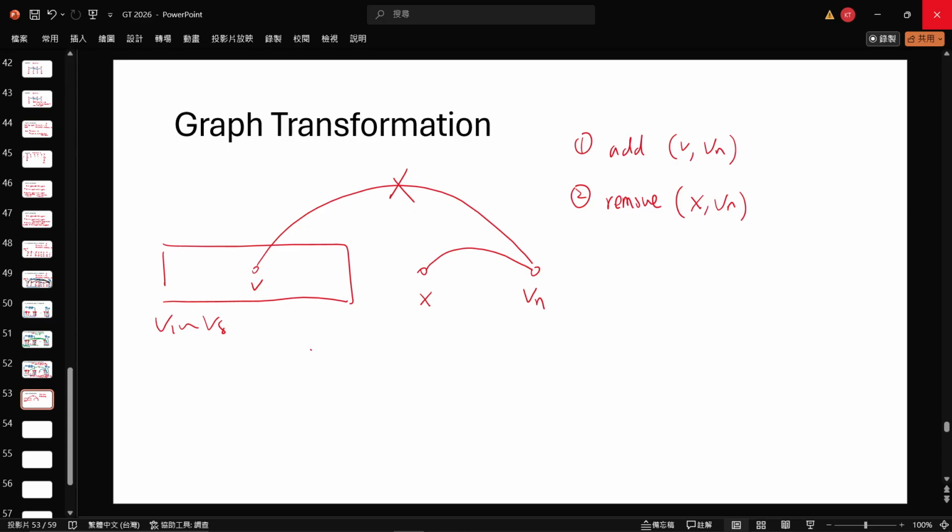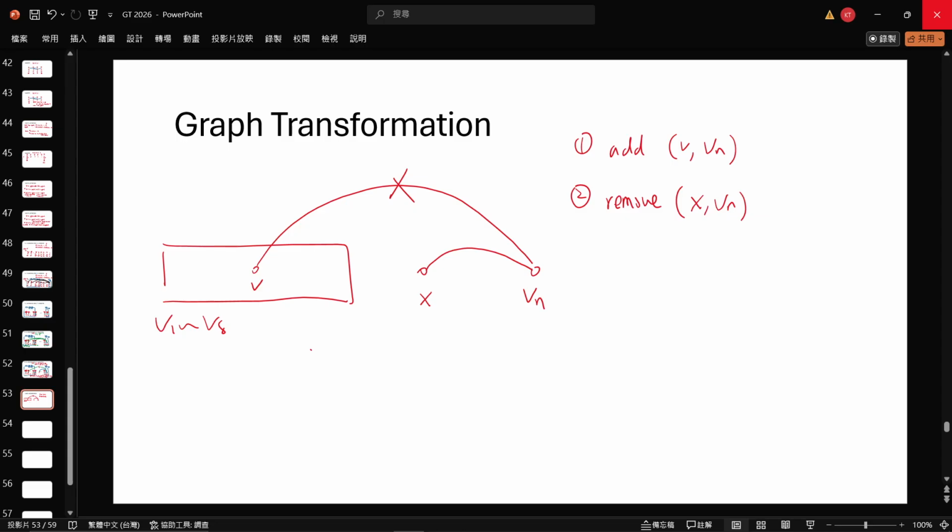But after we do these two steps, the degree of V is increased by 1 and the degree of x is decreased by 1. But luckily, the degree of Vn is not changed, because for Vn, we first add 1 edge and then we remove 1 edge. So the degree is still the same.